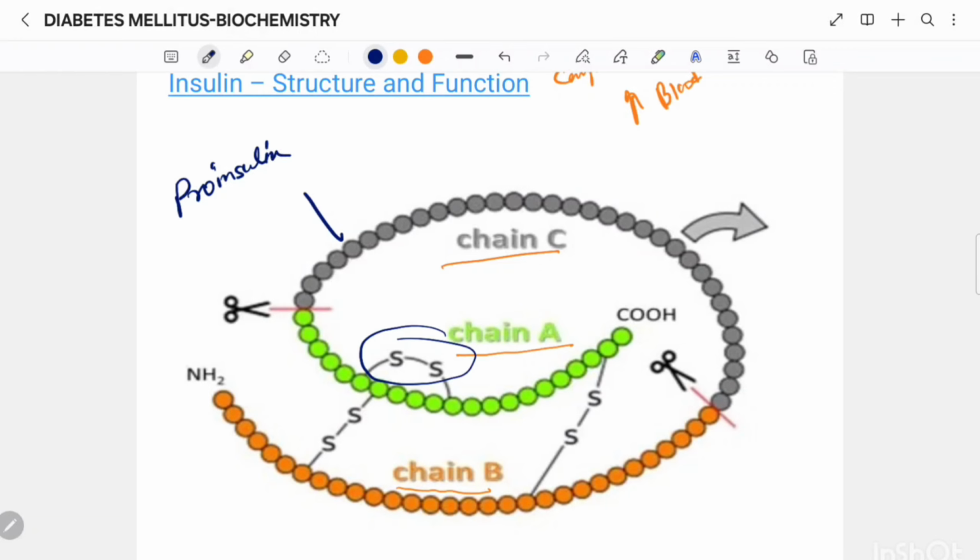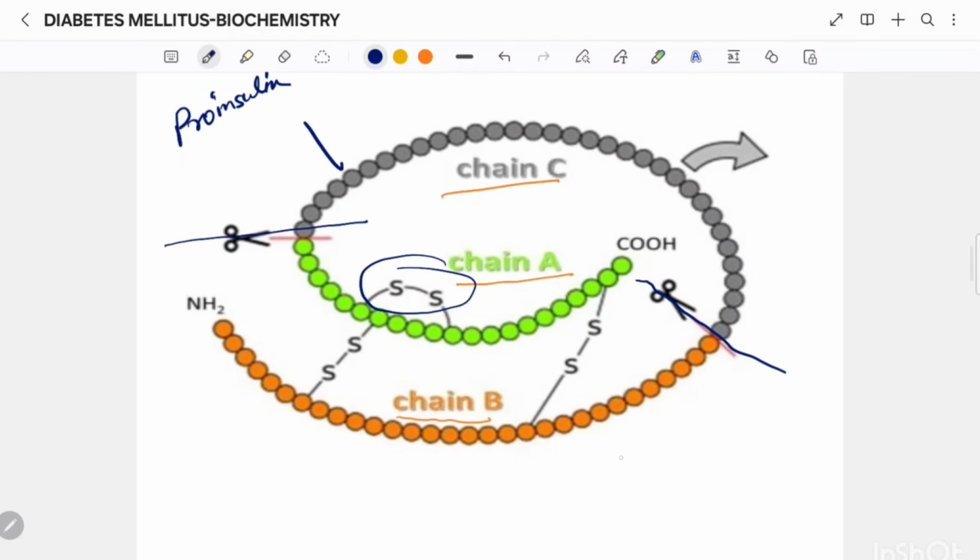When proinsulin is cut, the C chain is removed and we have only the A chain and B chain linked by disulfide bonds. It is called active insulin.